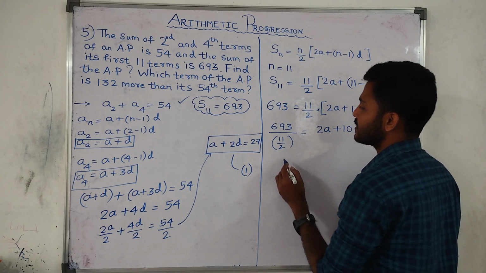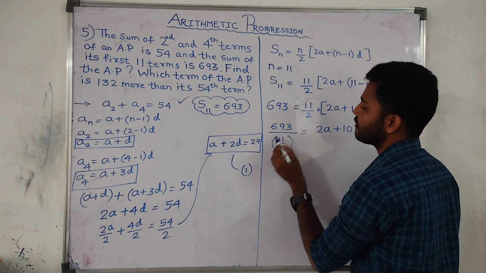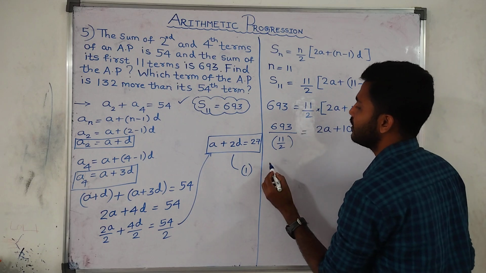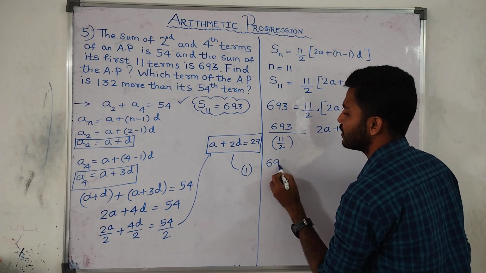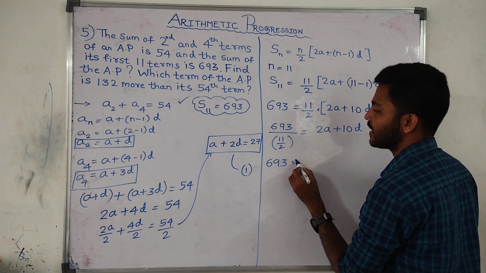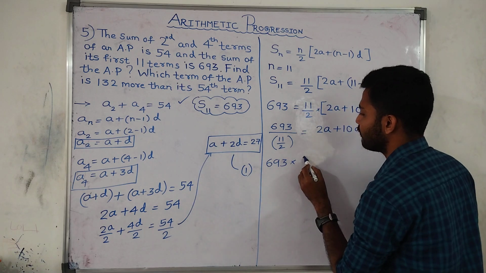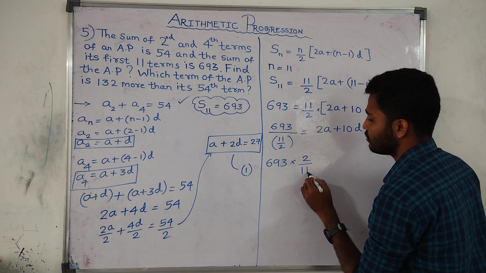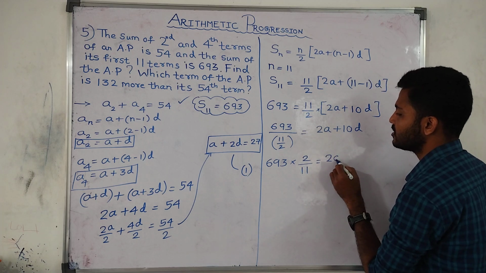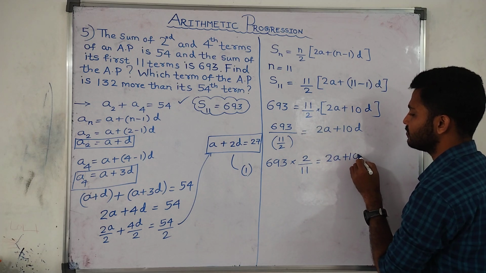Okay, yes, so now we have to just take this fraction to the numerator part. So ಏನಾಗುತ್ತೆ ಮಕ್ಕಳೇ? It reverses. Very good, absolutely correct. So 11 by 2 ಏನಾಗುತ್ತೆ? 2 by 11 is equals to 2a plus 10d.